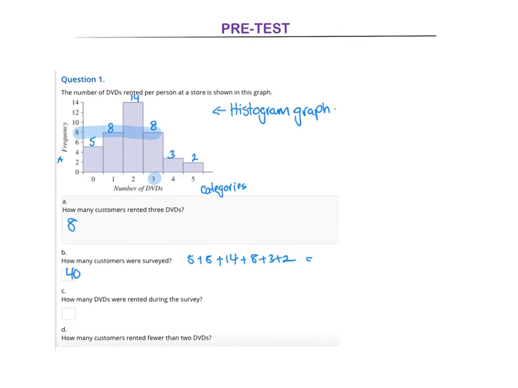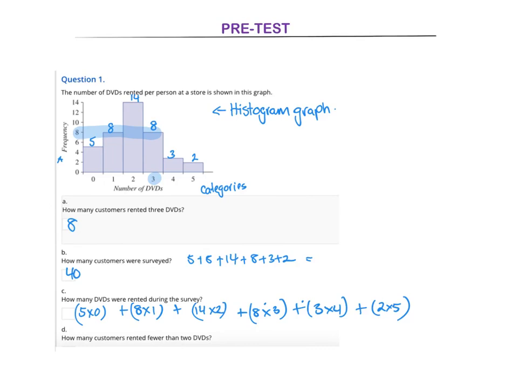So how many DVDs were rented during the survey? It wasn't 35. If you look at it, we had 5 people rent 0, plus we had 8 people rent 1, 14 people rent 2, and then we had 8 people rent 3, and then 3 people rented 4, and 2 people rented 5.